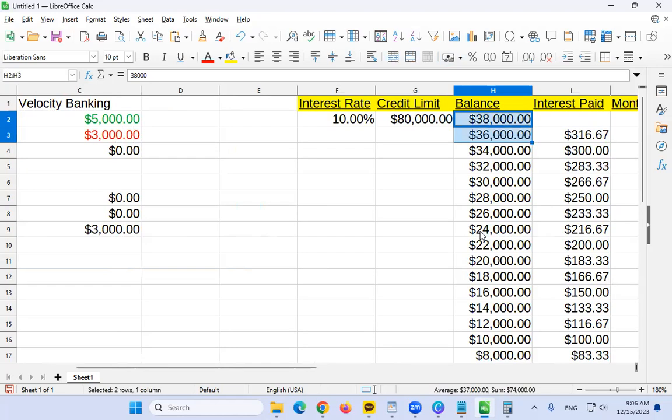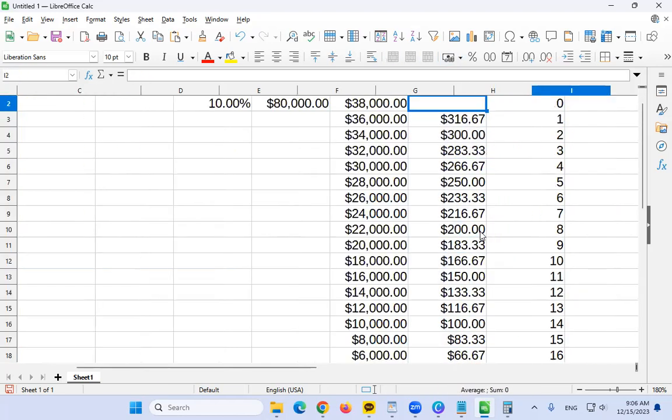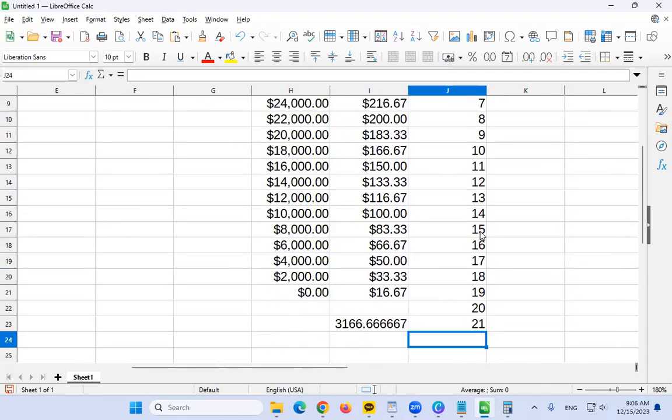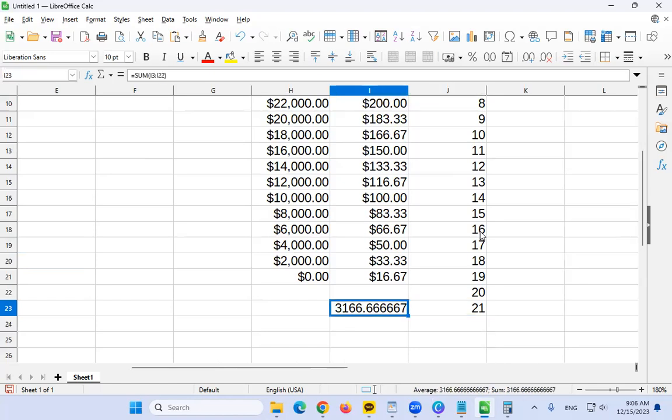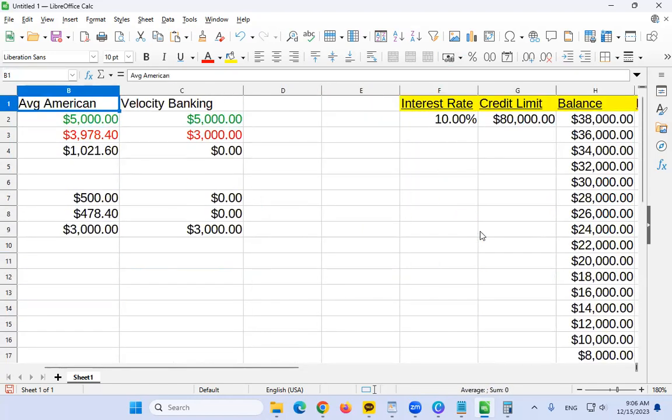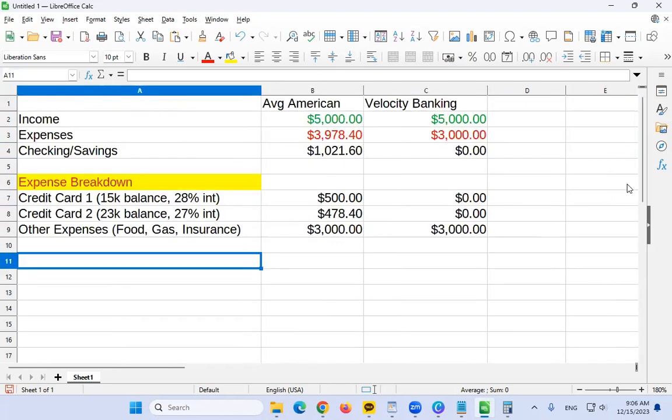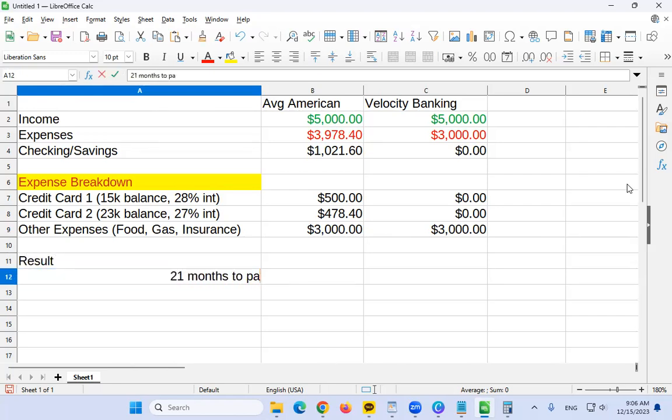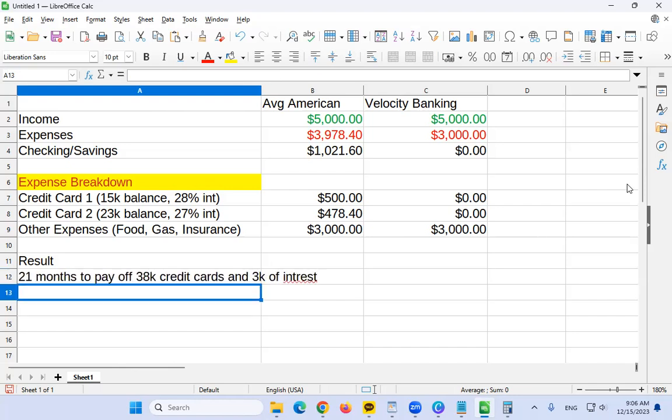But let's go ahead and write down what we have. So about 21 months. Result: 21 months to pay off 38K credit cards and 3K of interest, right?